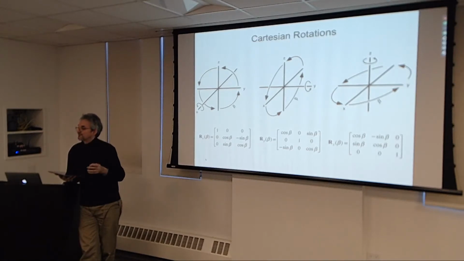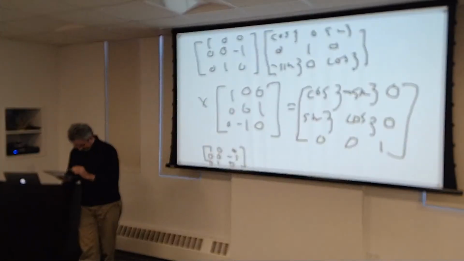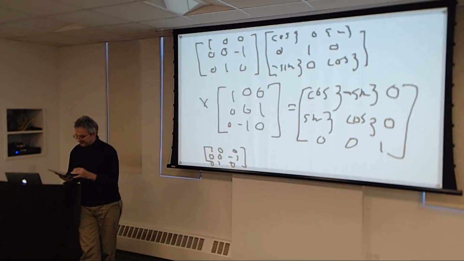Because the result of multiplying the three matrices together was identical to the z rotation matrix. So this is just our Rz of zeta.